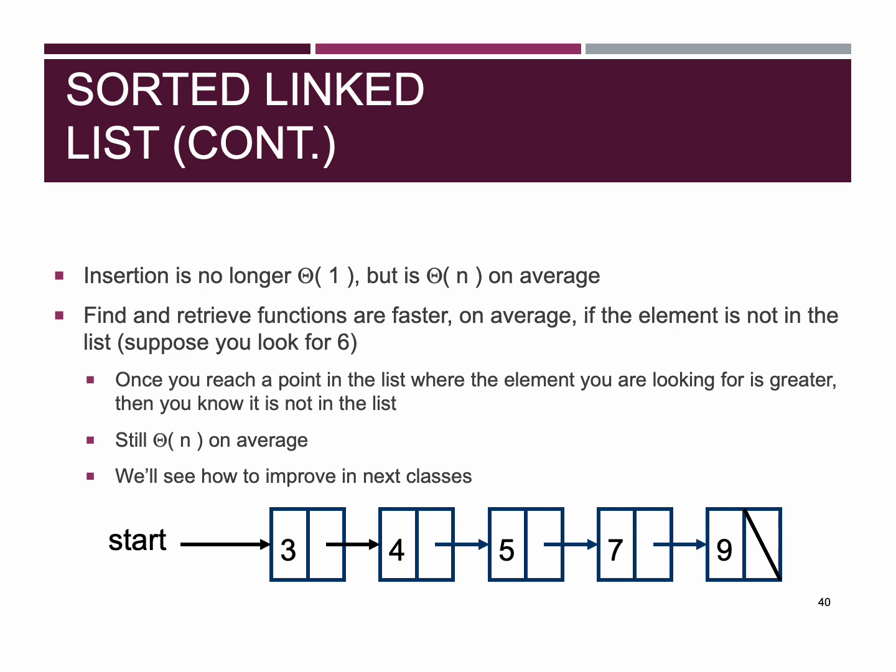This reduces the number of comparisons needed, although the overall complexity remains theta n on average. And then you can retrieve as you did for find. So it is sometimes easier compared to the unsorted linked list.